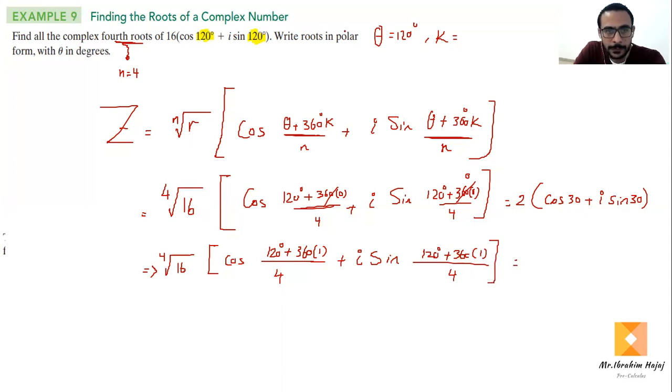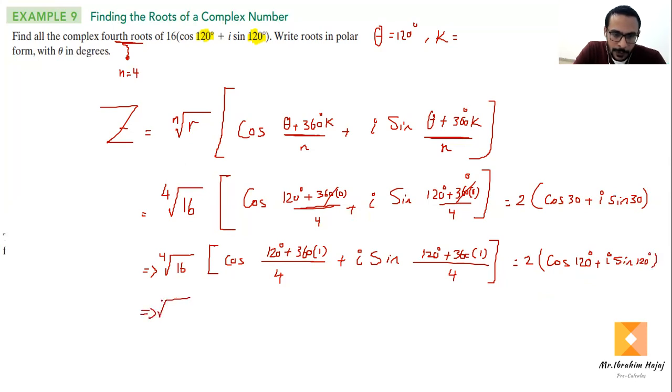So 2 into 120 plus 360 over 4. 120 plus 360 is 480, divided by 4 is 120. Cosine 120 plus i sine 120, this is the second root.